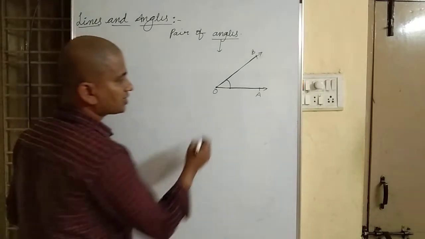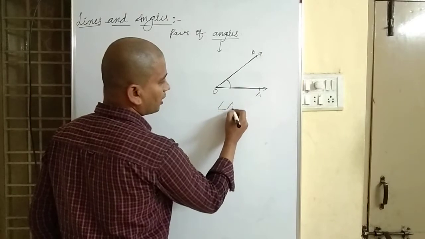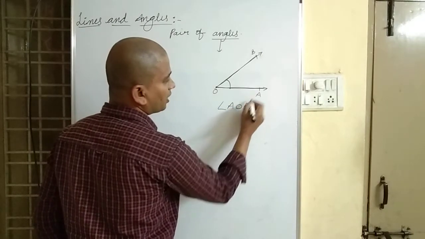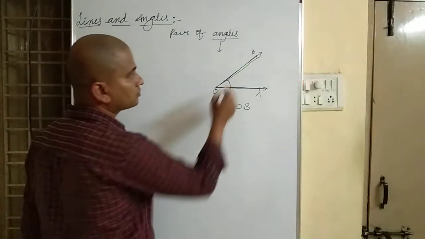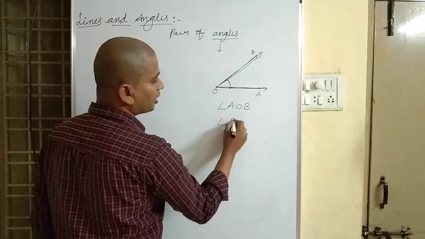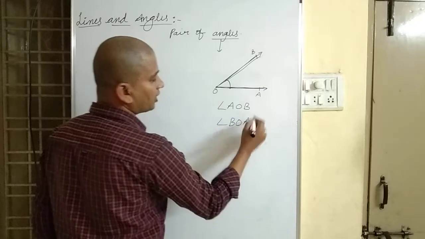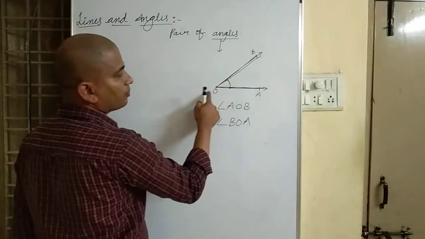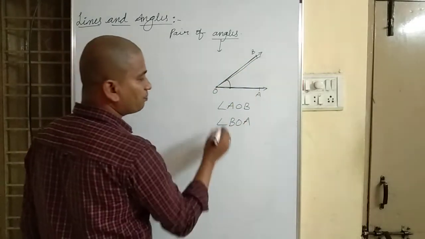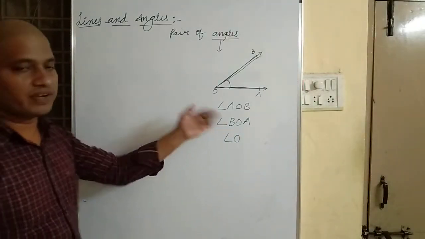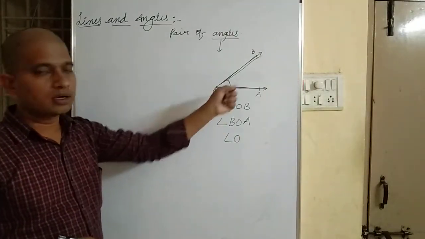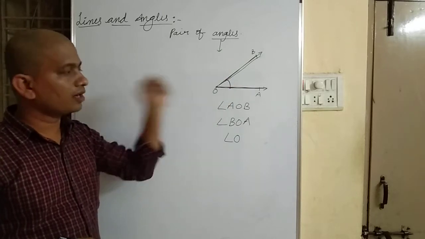We can write it as angle AOB, or angle BOA. Simply we can write it as angle O. We can write it in many ways: angle AOB, angle BOA, and angle O.